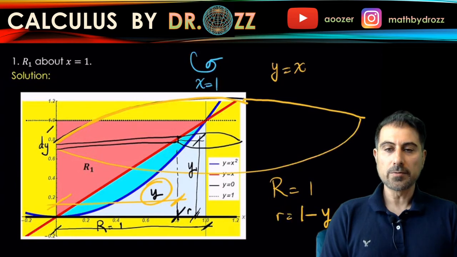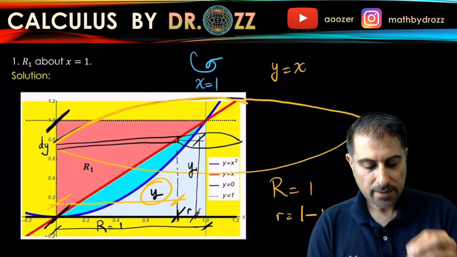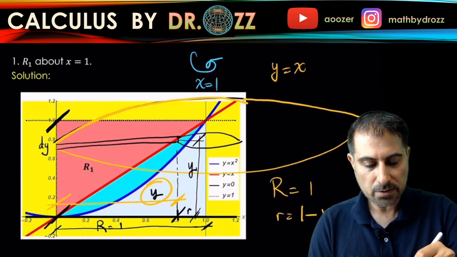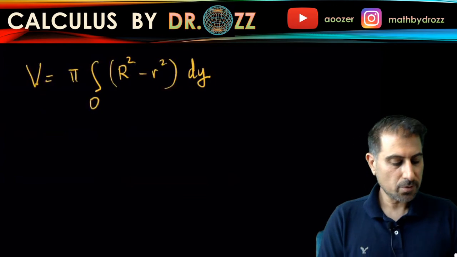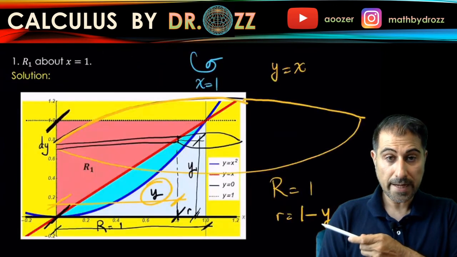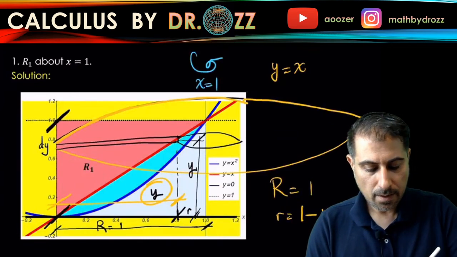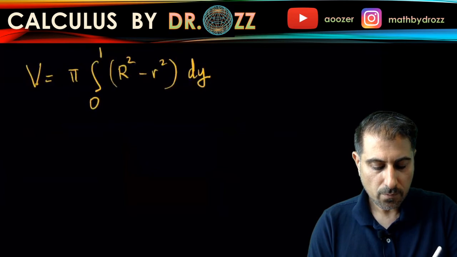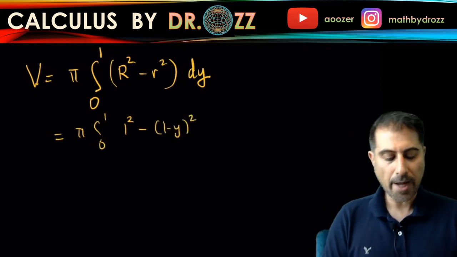So y's are ranging in between 0 and 1. So I go back and I put the lower limit to be 0, upper limit to be 1. I will also put capital R and little r back down there. So 1 squared minus 1 minus y quantity squared dy. Okay.